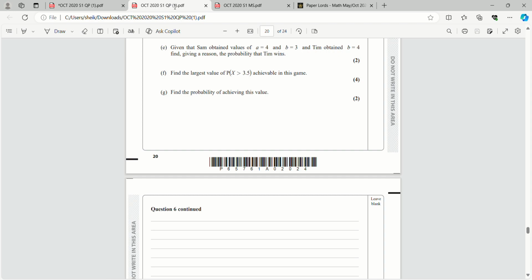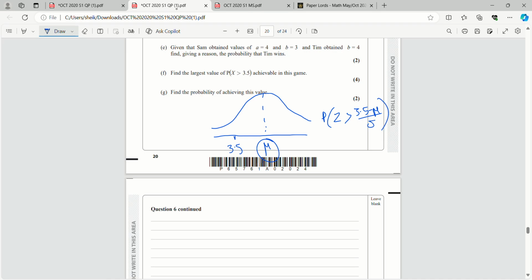Find the largest value of P(X greater than 3.5) achievable in this game. Alright, so X greater than 3.5. Let's consider 3.5 to be here. And let's say the mean is somewhere over here. Alright, so however way you set it, it's always going to look like this: 3.5 minus mean over sigma, right?